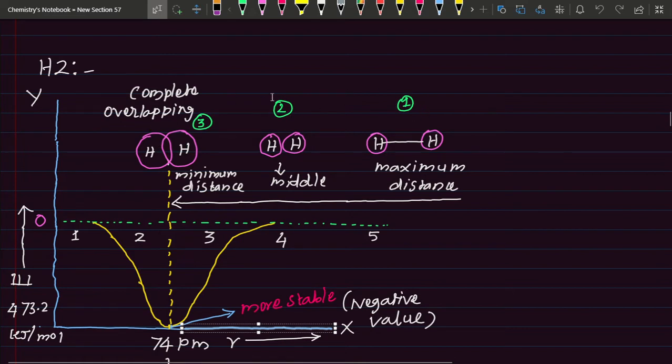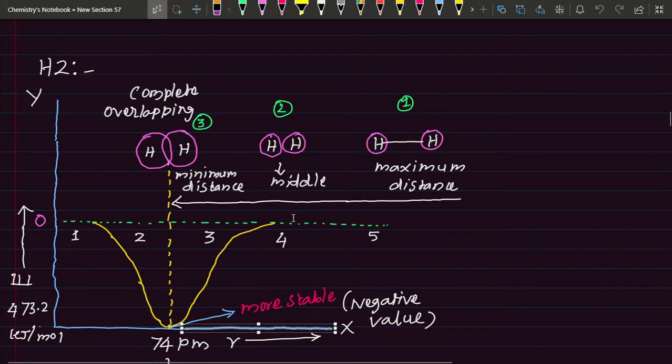See the diagram. This is the complete overlapping. This is not complete overlapping, and this is also not complete formation. If both atoms come together, this is the maximum distance, this is the middle, and this is the very low distance. So here bond formation or complete overlapping is possible.